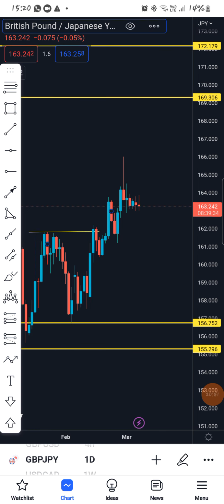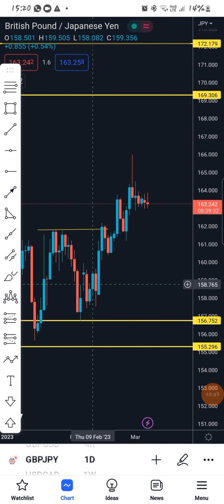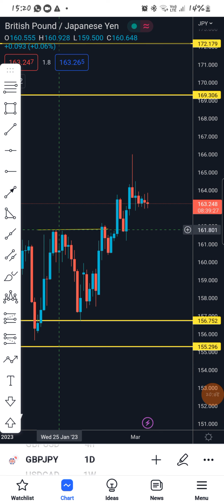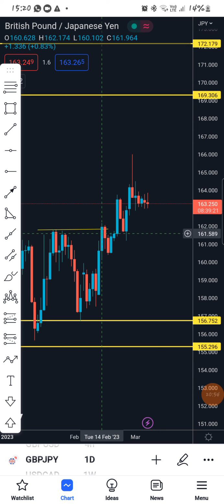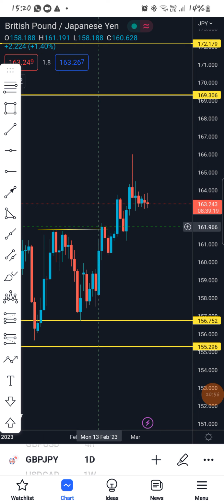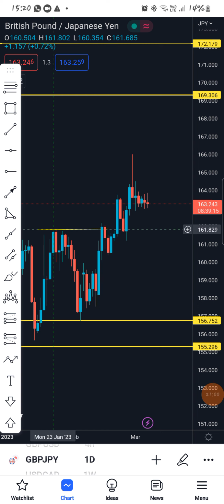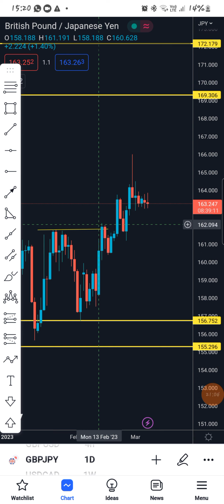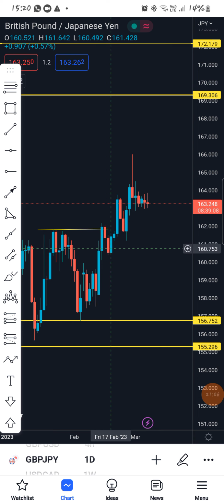So if you check here, guys, the market pulled way higher than this high here. See, this is a high, but when it came back to this, it didn't really pull back from the same high as this one. It went all the way up, breaking the area, and then it came back down like that.